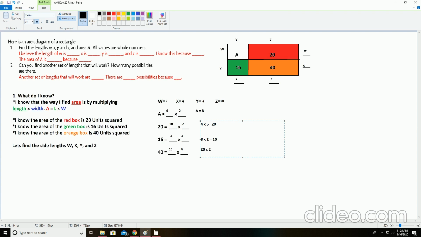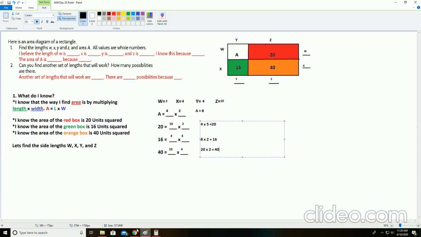Now, I don't know if these will work exactly like our numbers did, but for number 2, what you're going to be trying to do is find another set of lengths that will work. How many possibilities are there? Remember, this is my example. Here are some other examples of numbers that would work to get these areas of 20, 16, and 40.